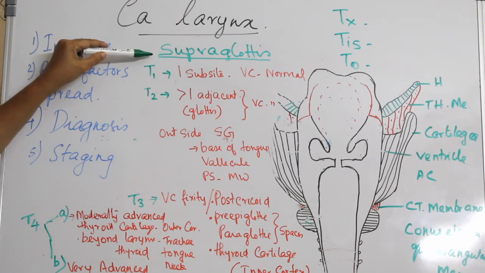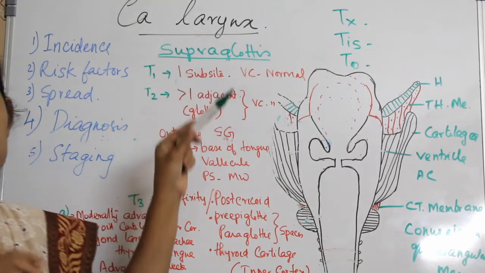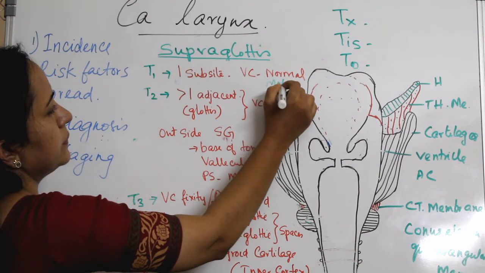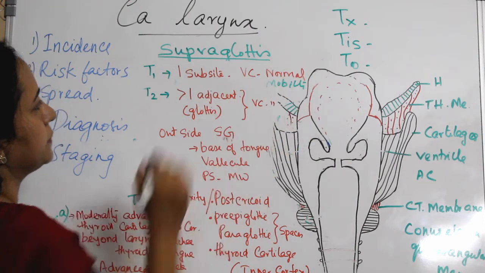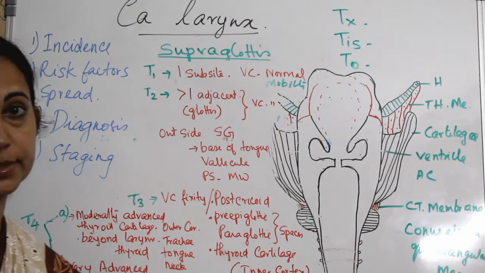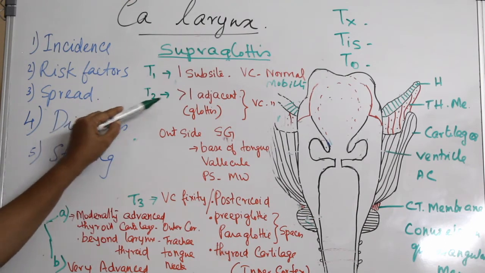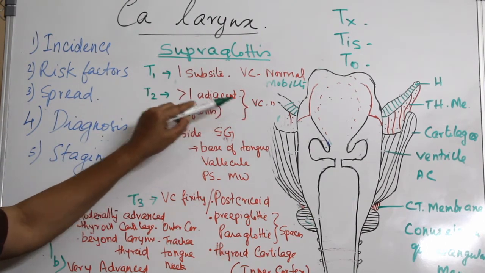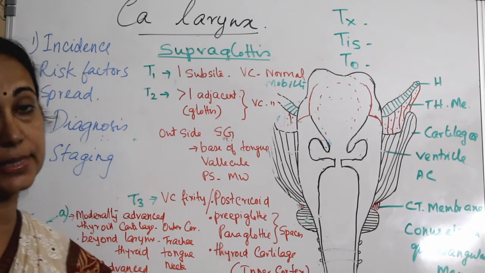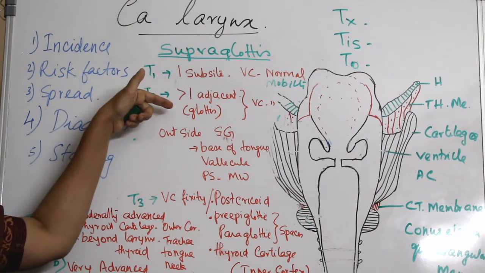And for supraglottis, in T1 and T2 the vocal cords have normal mobility. T1 involves only one subsite with normal vocal cord mobility. And T2, again with normal vocal cord mobility, involves more than one adjacent subsite of supraglottis or glottis.